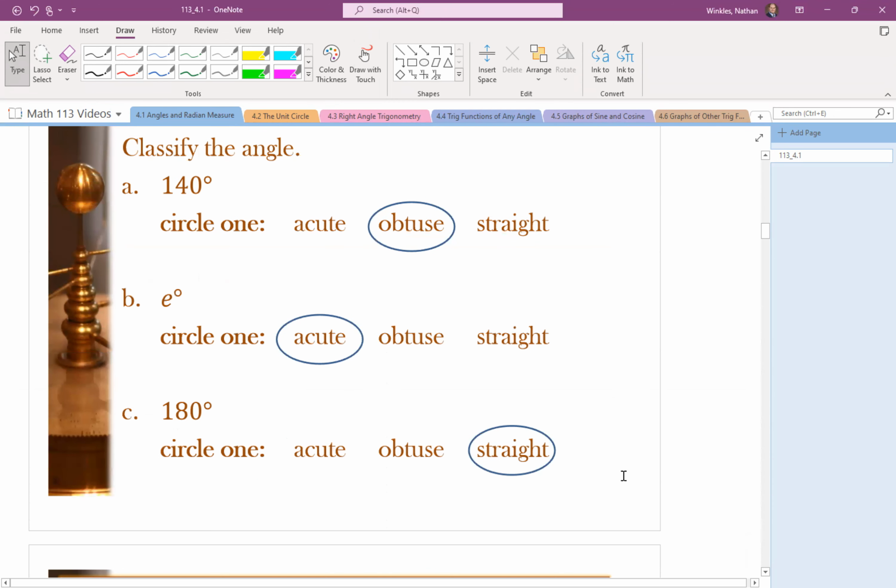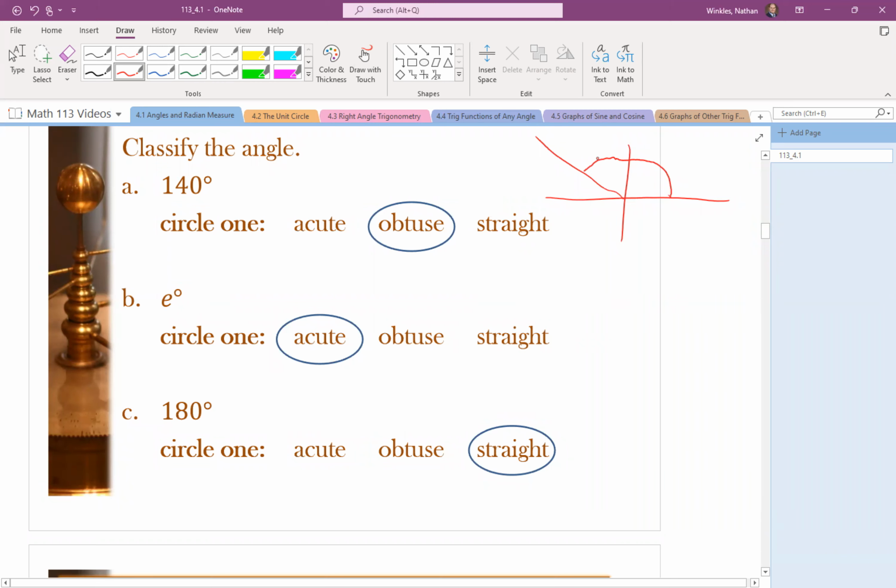So we're given three of these right here. We want to know whether or not they are acute, obtuse, or straight. One easy way is to draw them out. So 140 degrees. We start here, and 140 degrees puts us about right there.